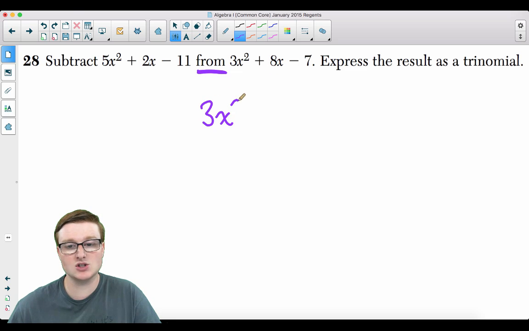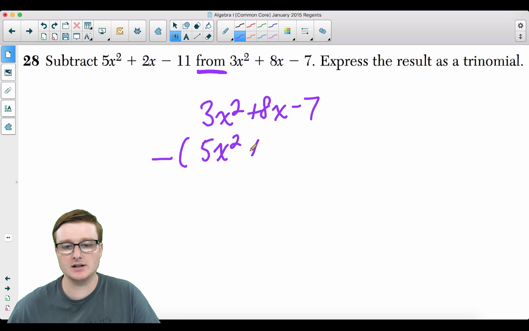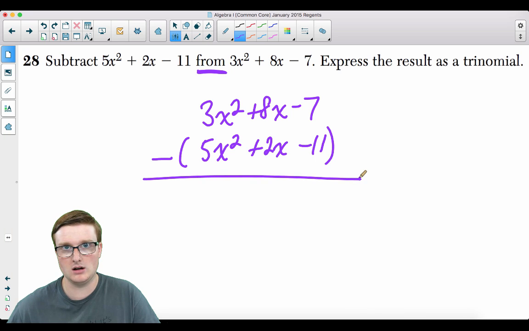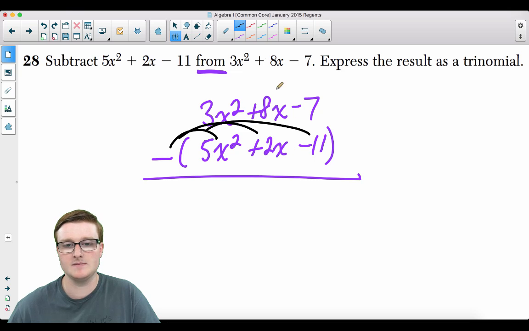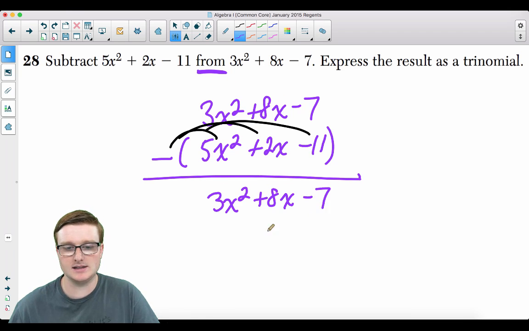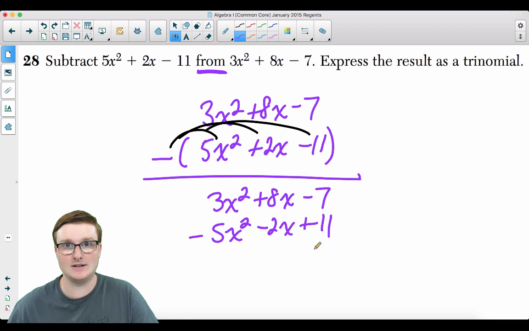So we have 3x squared plus 8x minus 7 minus, in parentheses, 5x squared plus 2x minus 11. And we draw a line. So that negative, you're just going to distribute these. And then we get 3x squared plus 8x minus 7 minus 5x squared minus 2x plus 11.